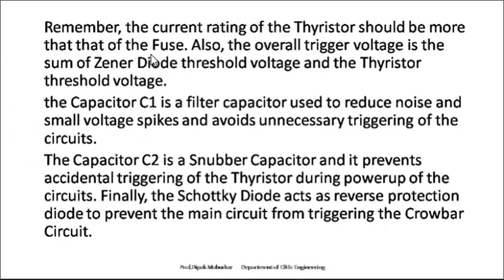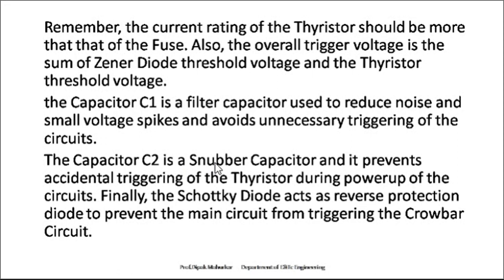Remember, the current rating of the thyristor should be more than that of the fuse. Also, the overall trigger voltage is the sum of the Zener threshold voltage and the thyristor threshold voltage. The capacitor C1 is the filter capacitor used to reduce noise and small voltage spikes and avoid unnecessary triggering of the circuit.